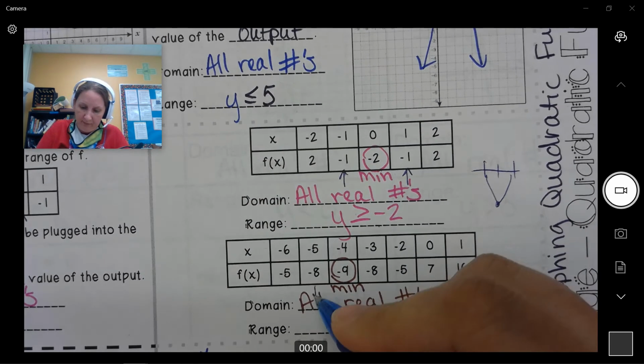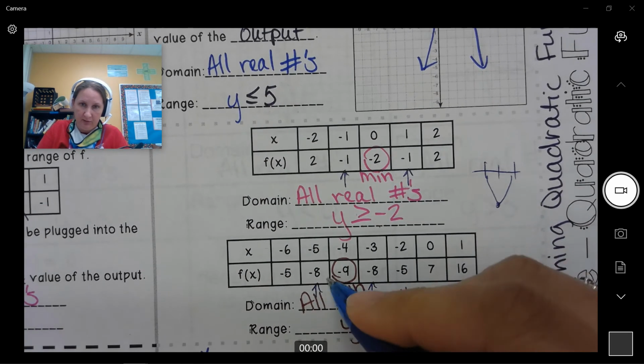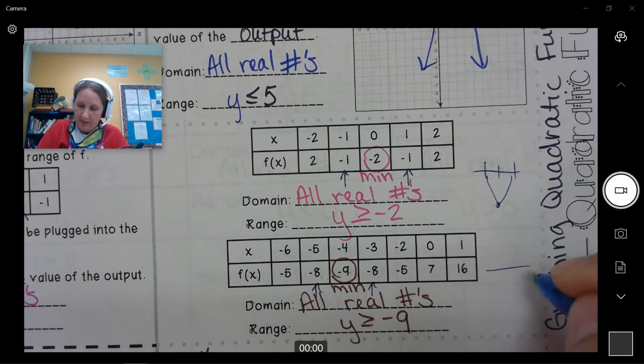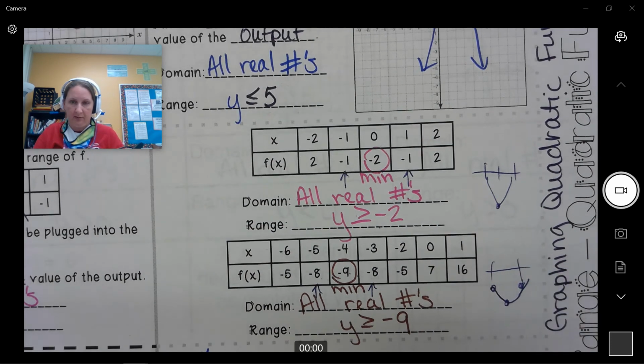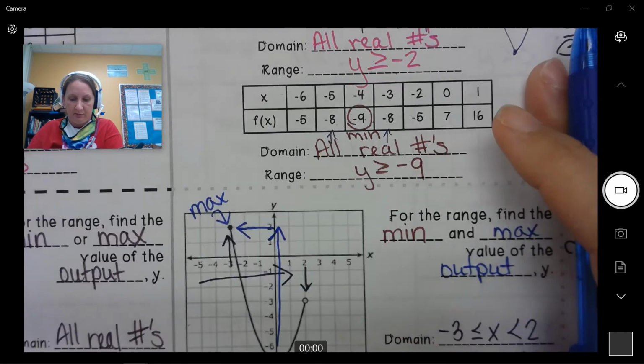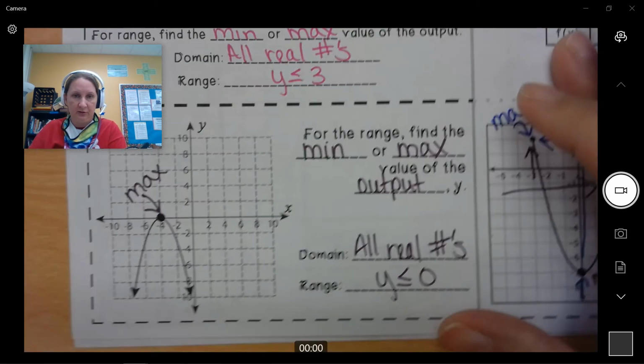Here we have -8, which is bigger than -9 because they're negatives. You've got to remember -8 is bigger than -9. So again, at -8, it's going to be a higher point than -9 would be. Okay? So that is also a minimum. And again, all real numbers for all domains.